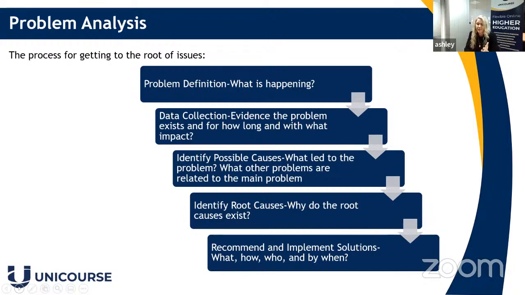So problem analysis, I'm just going to point you in the direction of one of the ways to solve a problem. And this just breaks down and asks you some questions about it. So, consider getting to the root of the problem and the issue by thinking, firstly, okay, what is happening here? Then collecting some data or evidence that the problem exists.